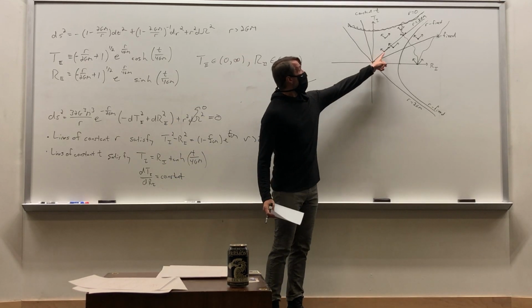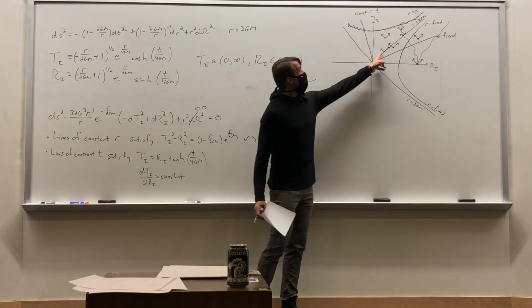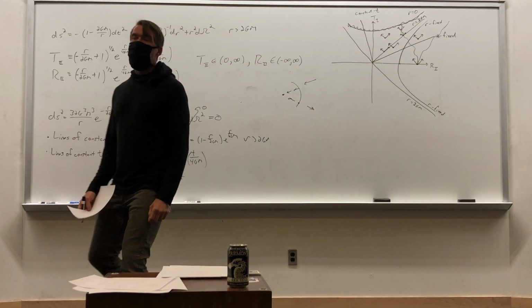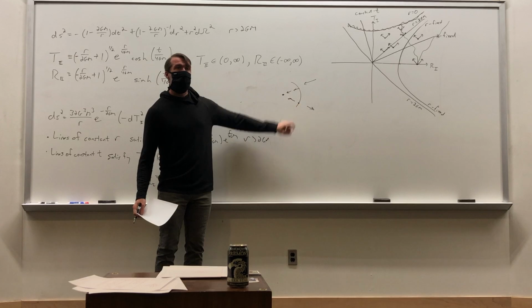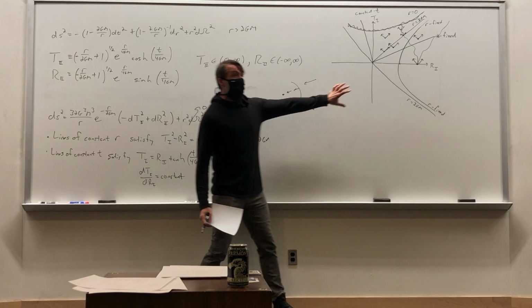Well, here you go. Here is a piece of light which is cruising in, that's this trajectory. But here is a piece of light which is sitting at the value R equals 2GM. That is this trajectory.